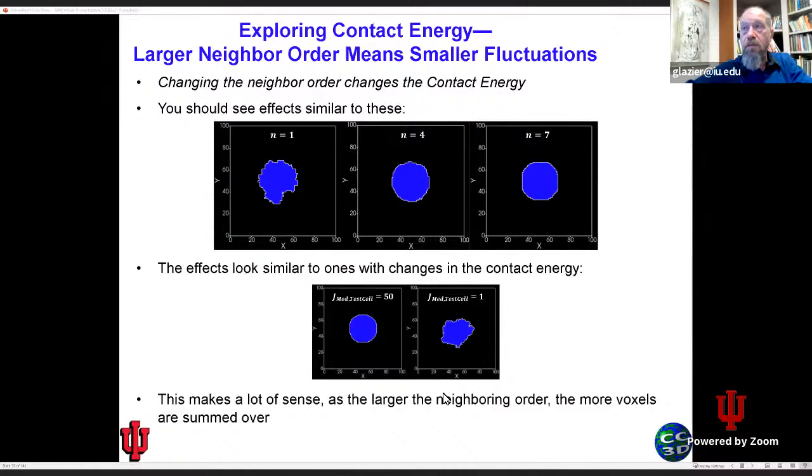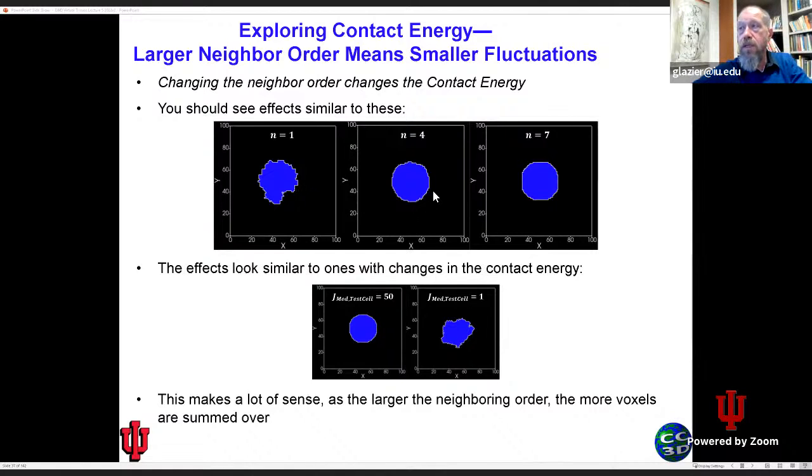And so in this example, which was originally going to be an in-class exercise that we're going to skip because of time, if we do nearest neighbor interactions, here we have a cell that's rather fuzzy in its boundaries, although you'll see that there's local alignment of the cell boundary with the lattice. One of the problems with nearest neighbor interactions is that they're very square, and you'll see that as non-physical alignment of the cell with the lattice.